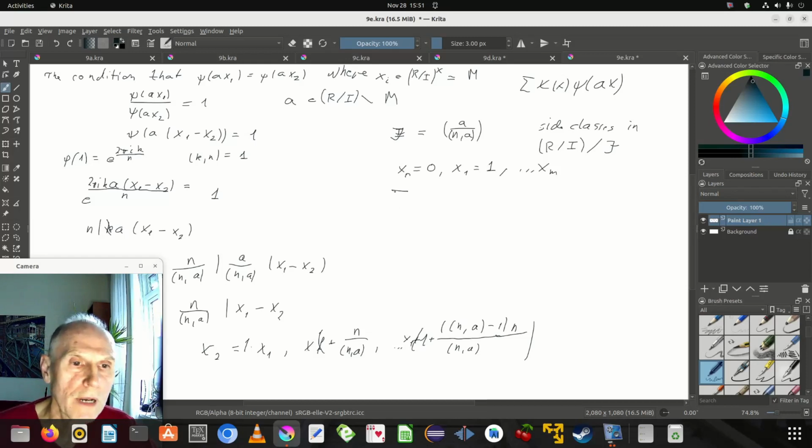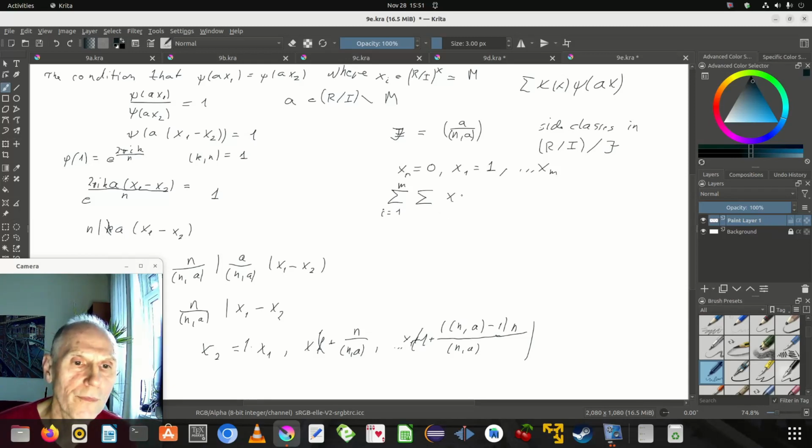And then we should split up. First summing over side classes, and then summing over elements. That's a little complicated.